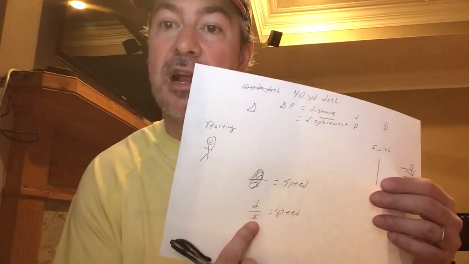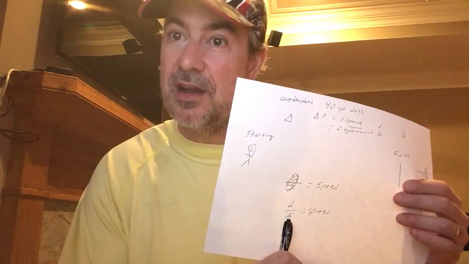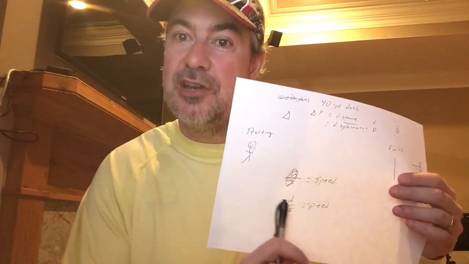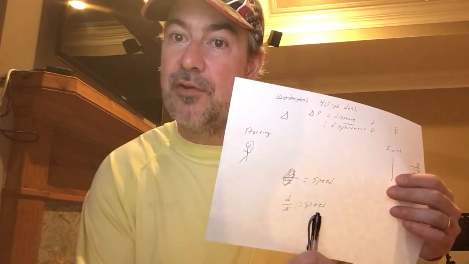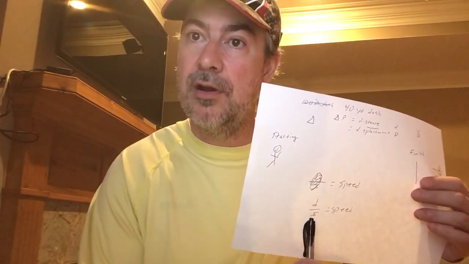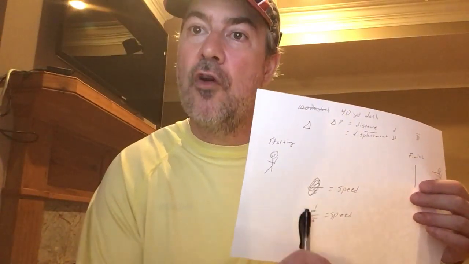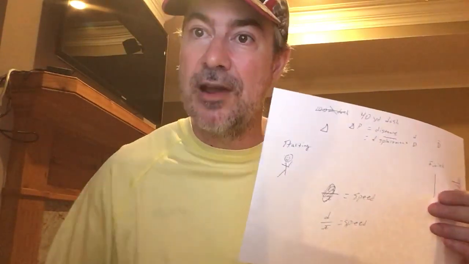The constant is time, 1 hour. Time is the constant. So changes in this, once again, infers changes in that. If I go 20 miles in an hour compared to 40 miles in an hour, well, if I go farther in the same amount of time, I had to be traveling faster.